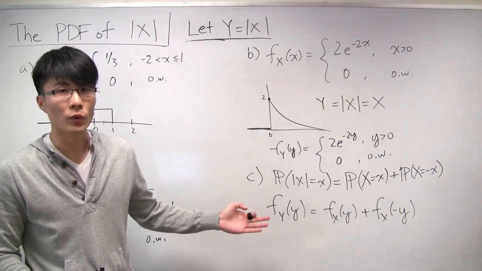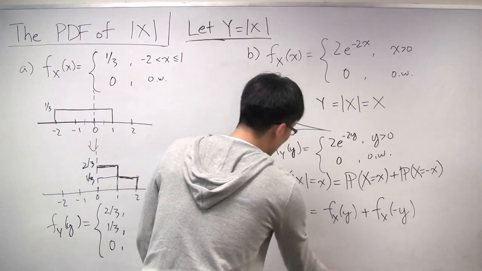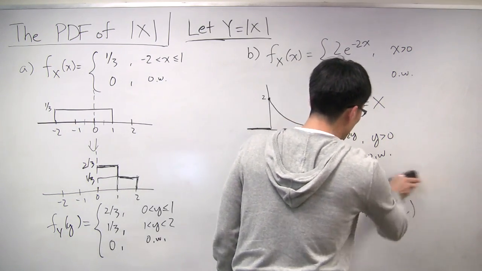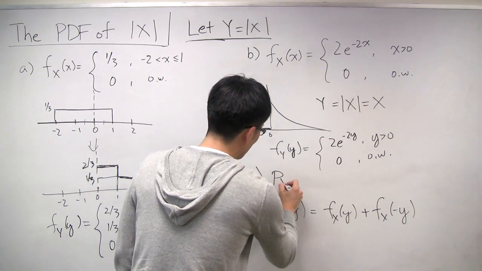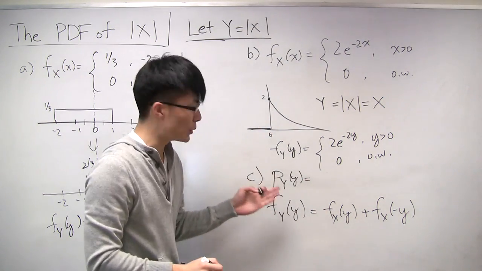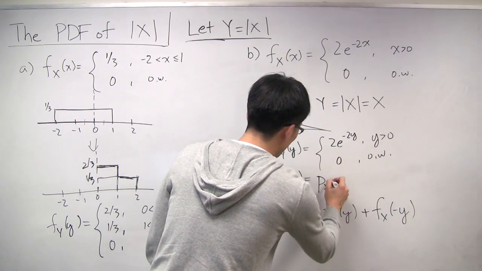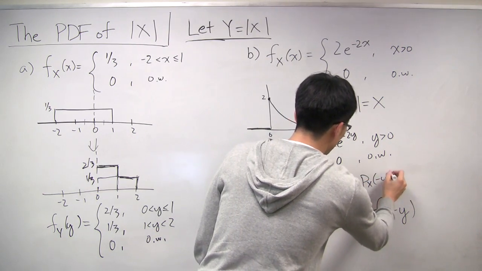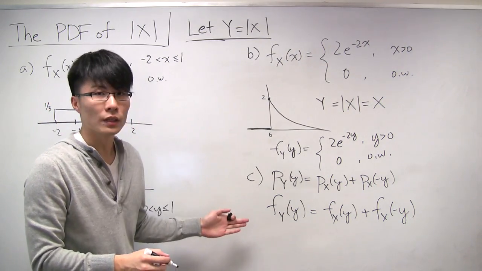So you, again, have both of these two contributions. And we can rewrite this top one to make it look more similar. So the PMF of some discrete random variable y, where this is a discrete random variable that's equal to the absolute value of x, would be the PMF of x evaluated at y plus the PMF of x evaluated at negative y. So in both the discrete and continuous cases, you have the same thing.